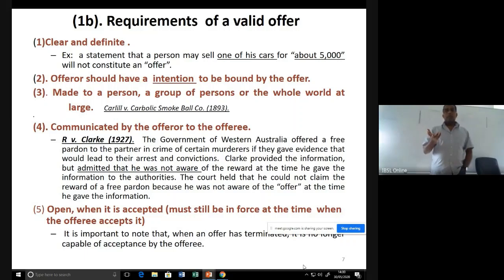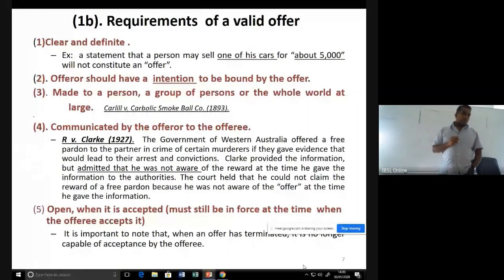He said, okay, in our group we have me, Clark, Michael, Sean, all these are there, and we committed these crimes. Then, based on his information, police caught the other criminals.